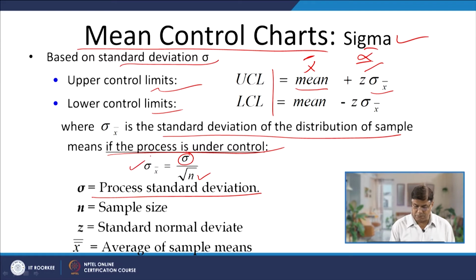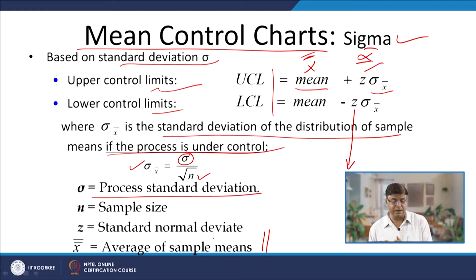So, sigma x bar is calculated, and z is the standard normal deviate, which is normally 3 sigma, but it can be 2 sigma or otherwise. Then x double bar is the average of the means of all samples which have been taken from the lot for developing the control charts.